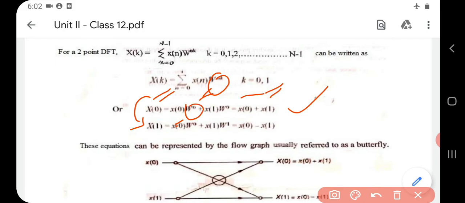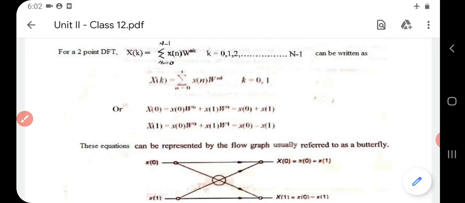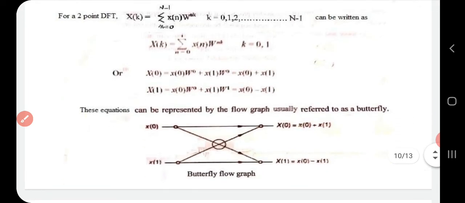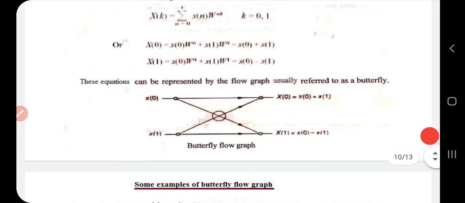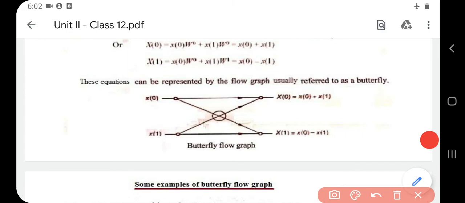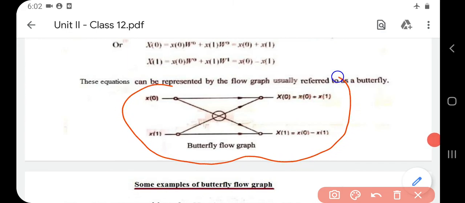Then you substitute 1 in place of k and you get this. On substituting each of these values, you get these two equations, X of 0 plus X of 1 and X of 0 minus X of 1. These two equations can be represented in a form like this, and this particular representation is called the butterfly flow graph.